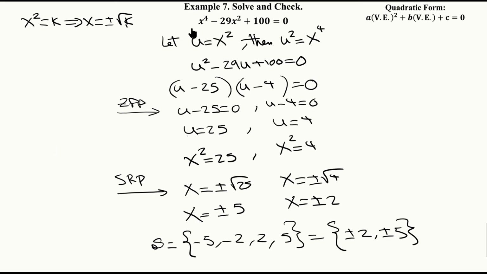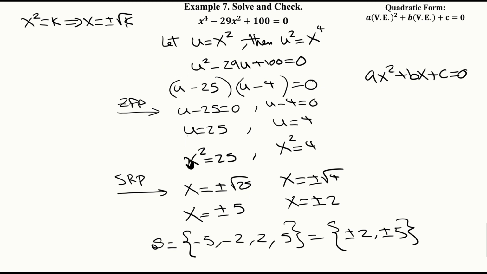All right, so there is one problem which was not obviously quadratic. This is not considered to be a classic quadratic equation, because a classic quadratic equation should be able to be put in the form ax squared plus bx plus c equals 0. You'll never be able to do that with this, but using a clever substitution, we did turn this into a new quadratic equation, but in a different variable.